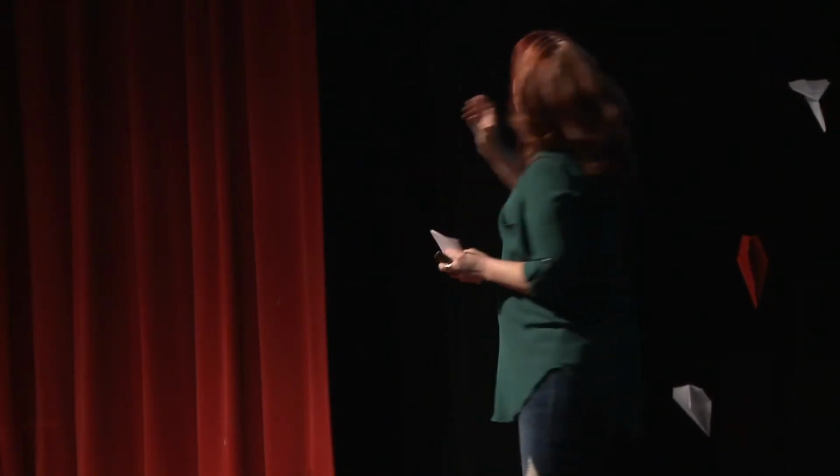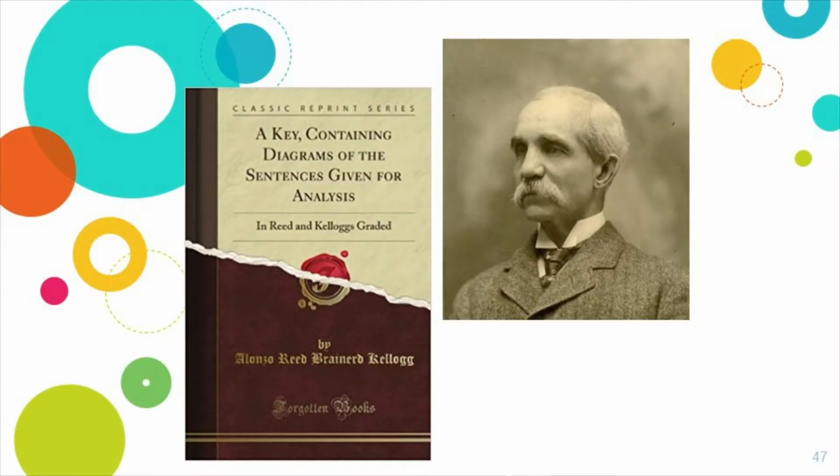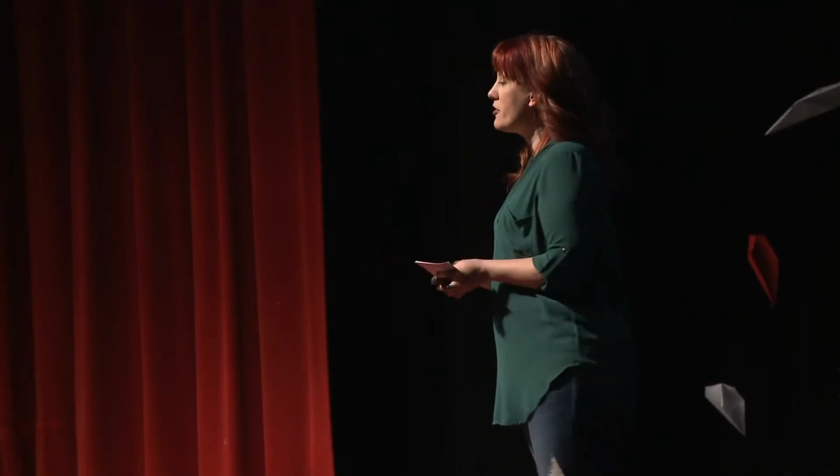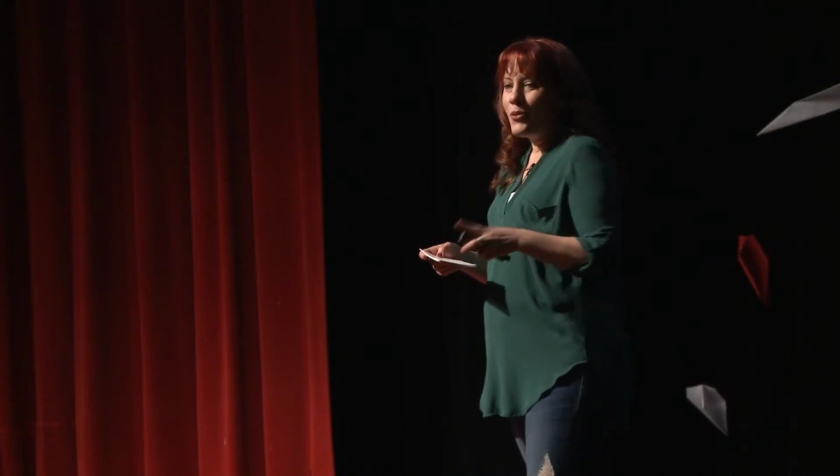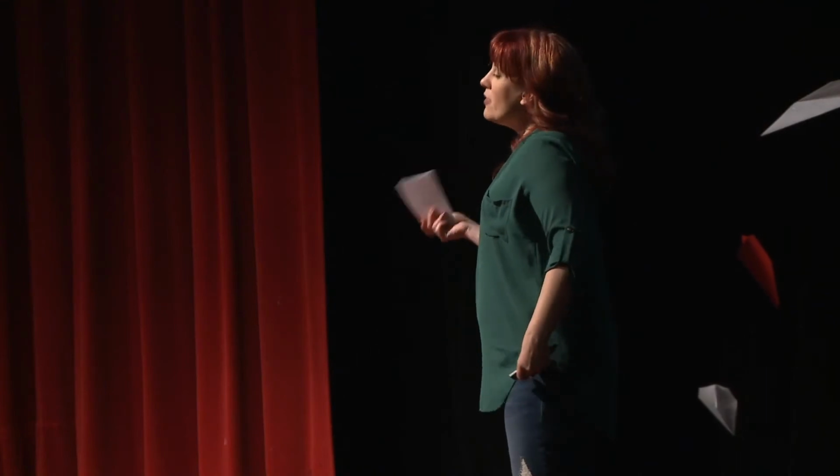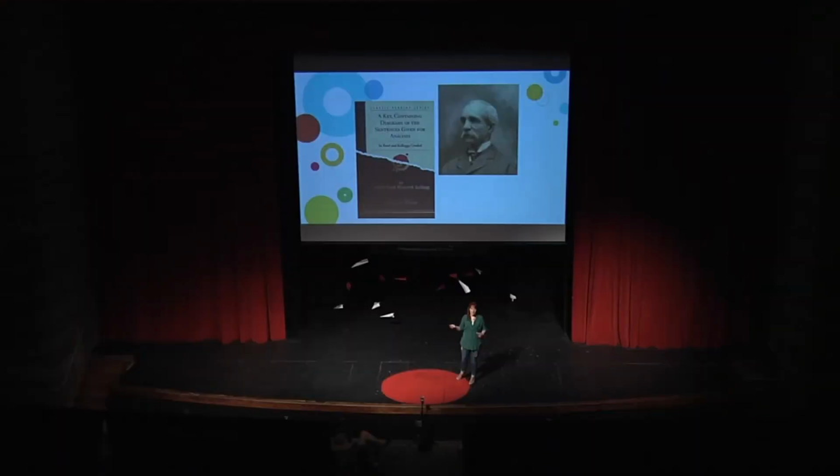So sentence diagrams are not only a way to pull apart pieces of sentences and understand grammar, as Kellogg and Alonzo Reed said, they're a way to discover the meaning of language in the way that it's used. So I want to give you some examples of how, beyond the rote understanding of sentence diagramming, we can discover some meaning when we do this. The first example is the first line of Moby Dick by Herman Melville.